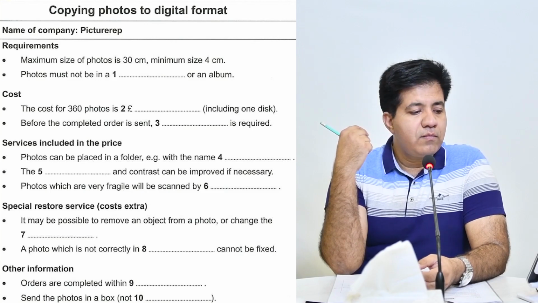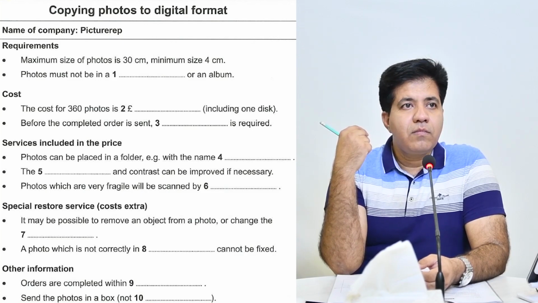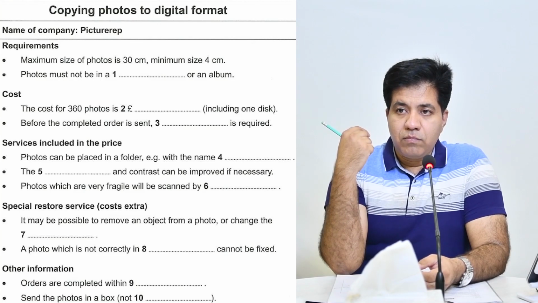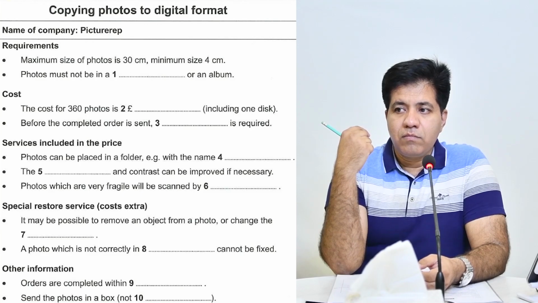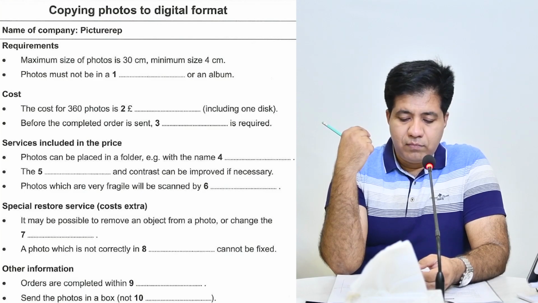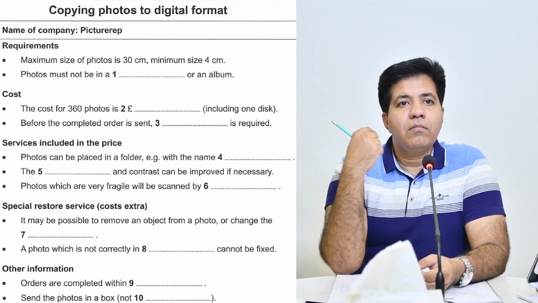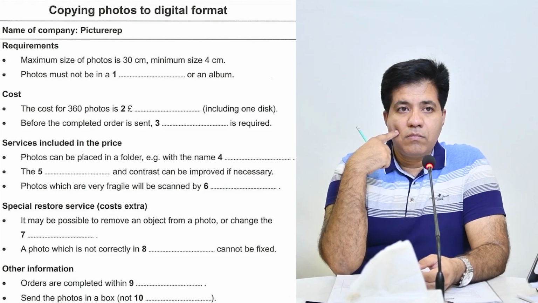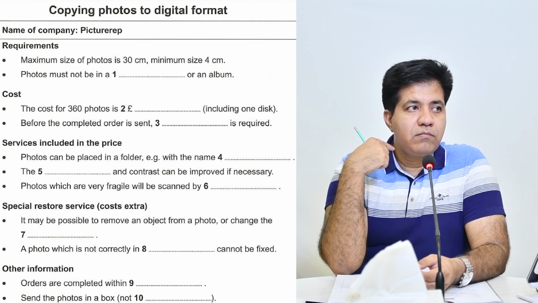The photos are all sorts of sizes. Are there any restrictions? Well, the maximum size of photo we can do with our normal service is 30 centimetres, and each picture must be at least 4 centimetres. That's the minimum we can cope with. Well, that should be fine. And some of them are in a frame. Should I take them out before I send them? Yes, please. We can't copy them otherwise. And also the photos must all be separate. They mustn't be stuck into an album. Okay, that's not a problem.